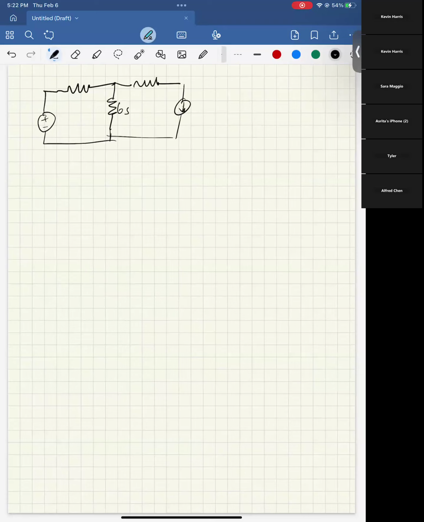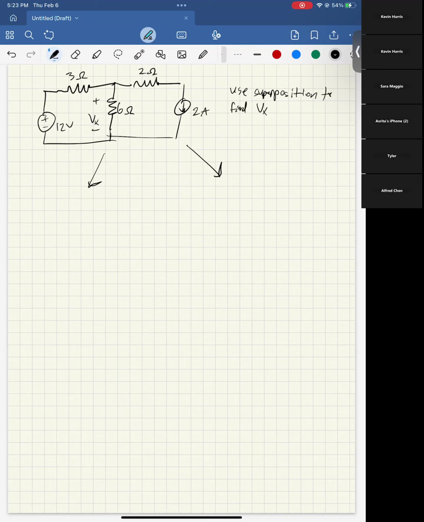So we've got 6 ohms, 2 ohms, 3 ohms, 12 volts, and 2 amps. And we want to find this Vx. The question is, use superposition to find Vx. Pardon the handwriting, but you heard what I said. Okay, so what we do is we redraw it as two different circuits.